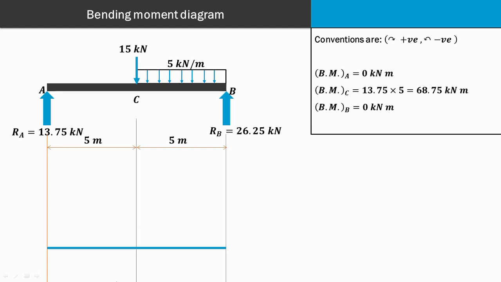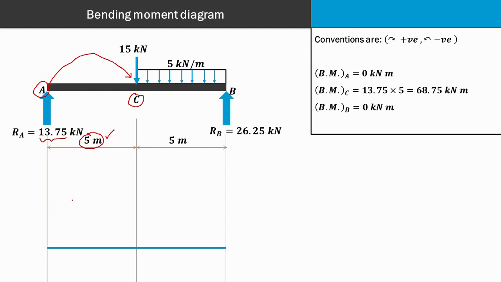For calculating the bending moment at point C, we have to consider all the forces which are acting on the left hand side of C. So there is only one force, that is RA, and it will produce clockwise moment about point C, and perpendicular distance between A and C is 5 meter, and reaction force is 13.75. So it is 13.75 into 5, that is 68.75 kilonewton meter.